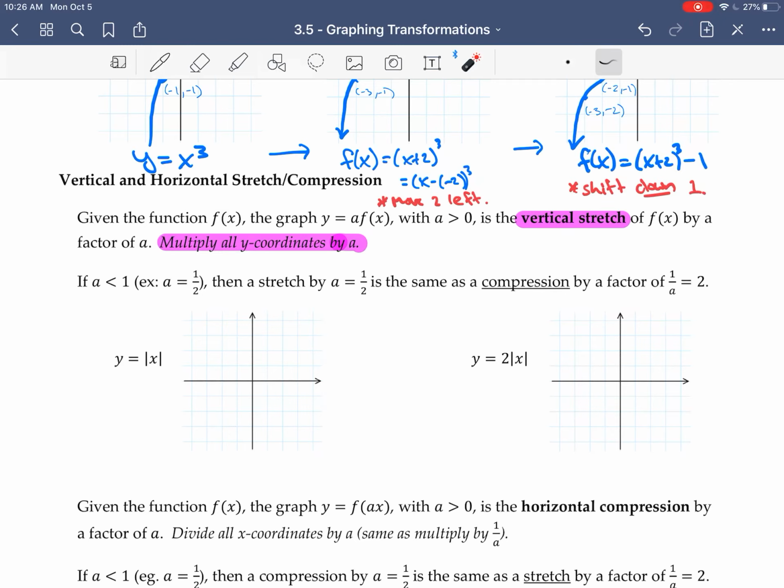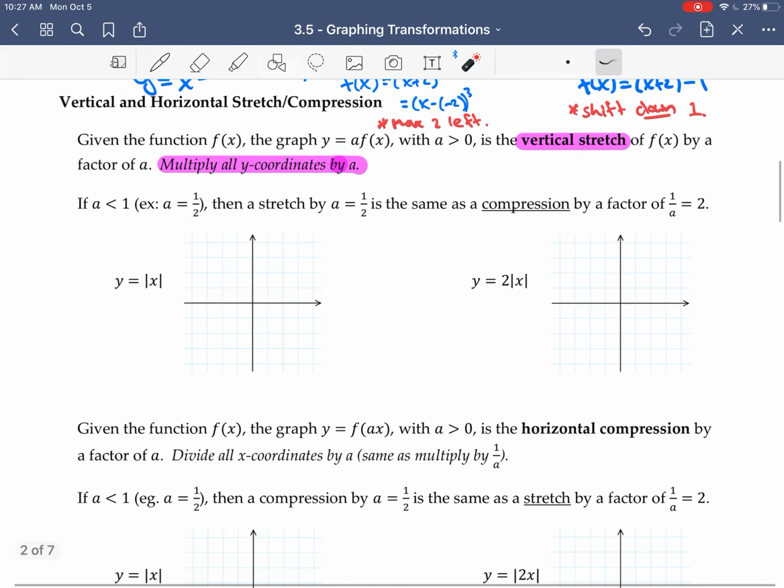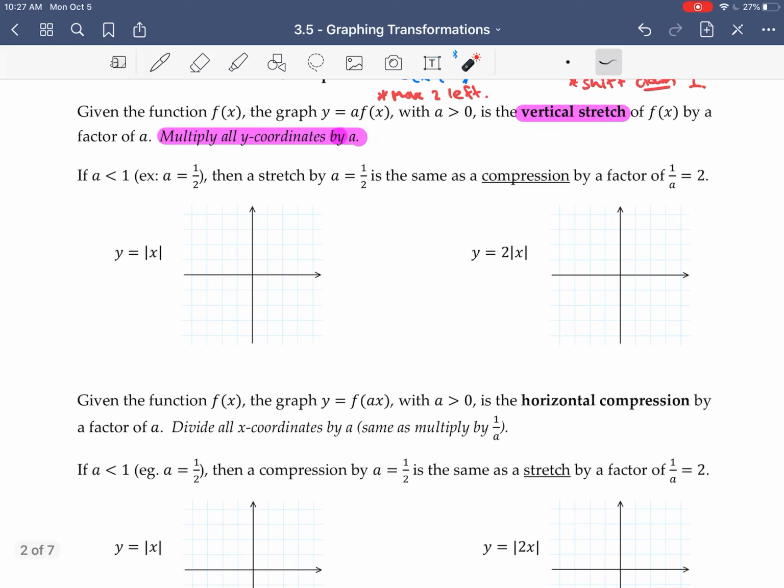If a is less than 1, like a fraction, then a stretch by 1/2 is the same as a compression by a factor of 2. Let's just see an example here. We know what the absolute value graph looks like.